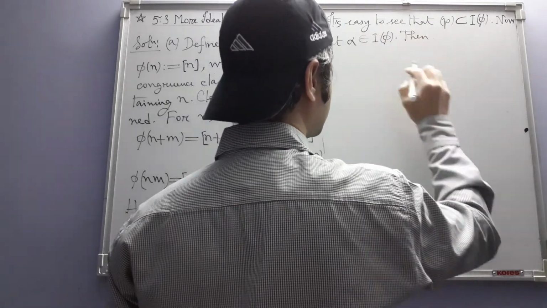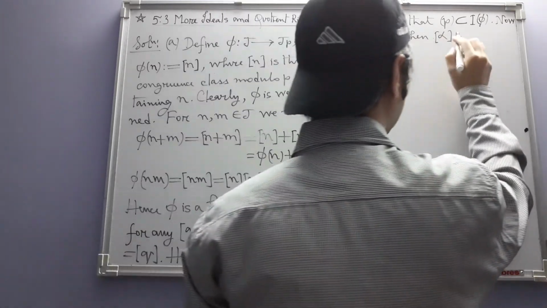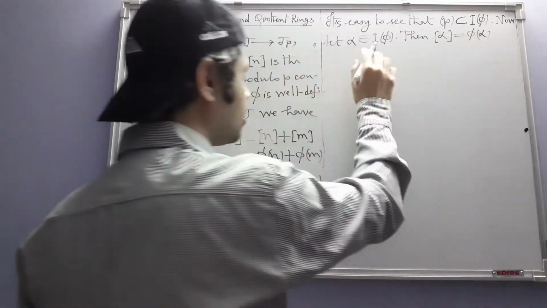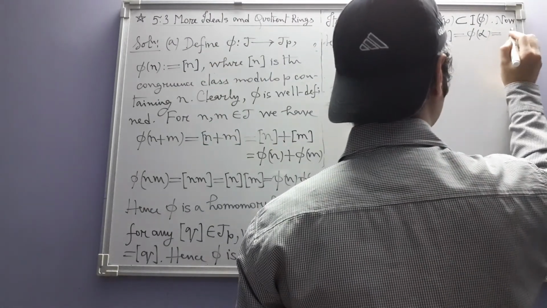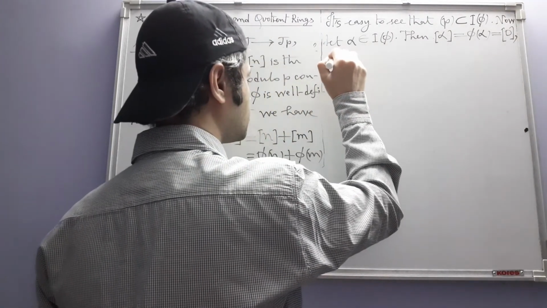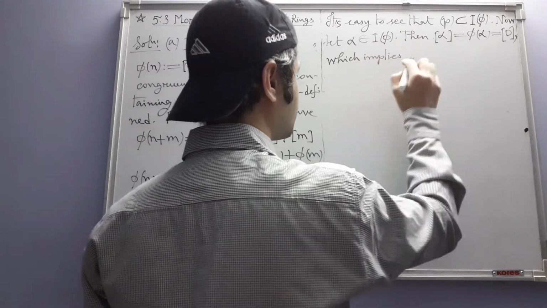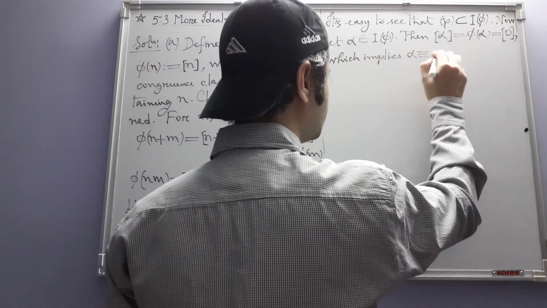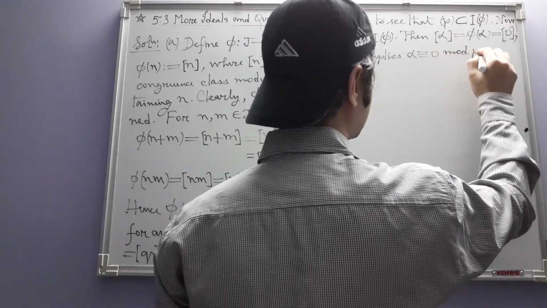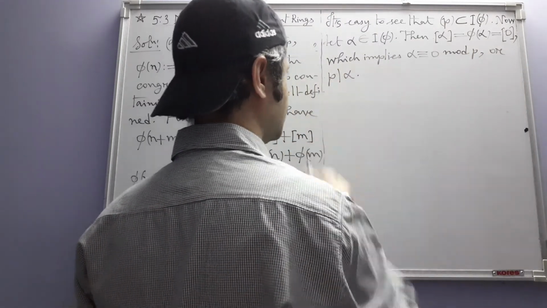Then the congruence class containing alpha is nothing but phi of alpha, but since alpha belongs to the kernel, this will be equal to 0, which implies that alpha is congruent to 0 modulo p, or the same thing, that p divides alpha.